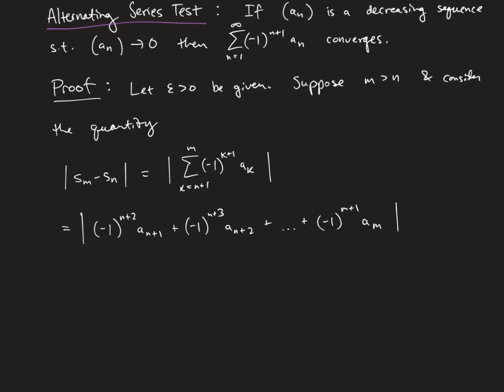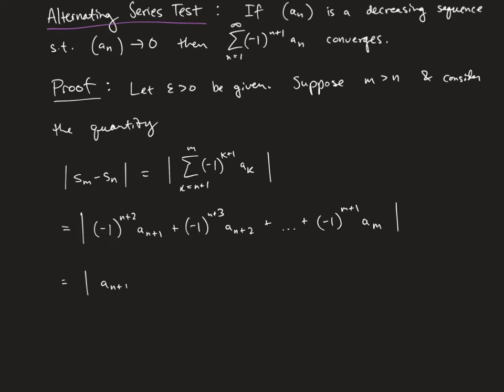What I can do is pull out the power of -1 so that the first term is positive. By the absolute value, it just cancels out.